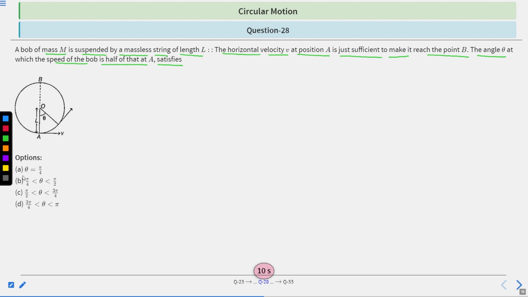Option A, theta equals pi by 4. Option B, pi by 4 is less than theta which is less than pi by 2. Option C, pi by 2 is less than theta which is less than 3 pi by 4. Option D, 3 pi by 4 is less than theta which is less than pi. You have 10 seconds to solve this question. After 10 seconds we will provide the solution.